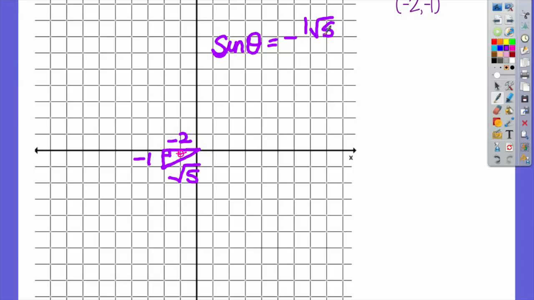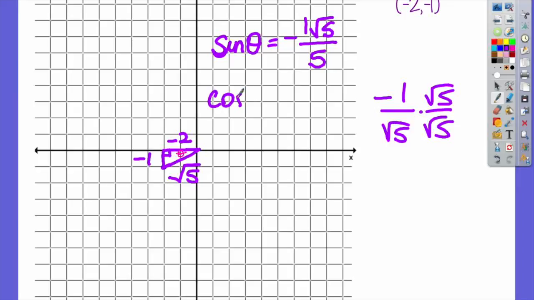Close. It's like you half rationalized. It should be over 5, because it would have been negative 1 over the square root of 5. So then you rationalize. You don't have to write the 1.